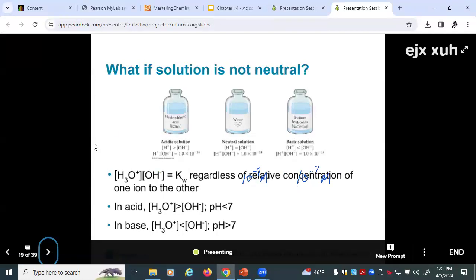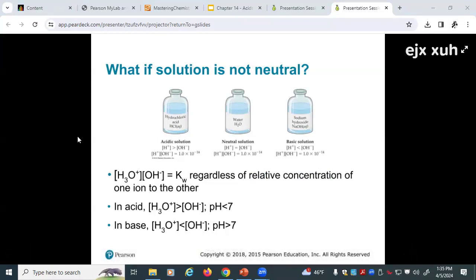Now, what if the solution is not at neutral 7 pH? Well, like I just said, if we're not neutral, we're still going to have some amount of hydronium and some amount of hydroxide present. They're just obviously going to be dwarfed by the one side or the other. So if I've got something that is acidic, it's going to be higher in hydronium and lesser in hydroxide.